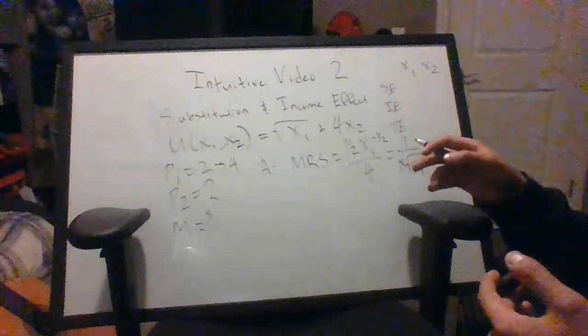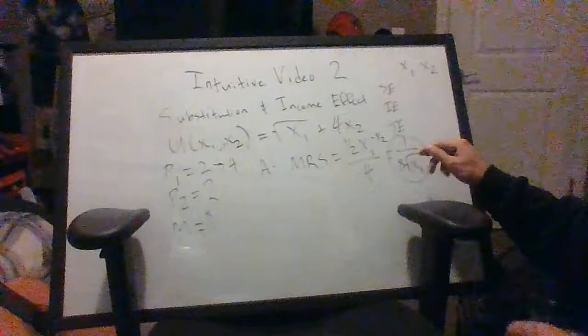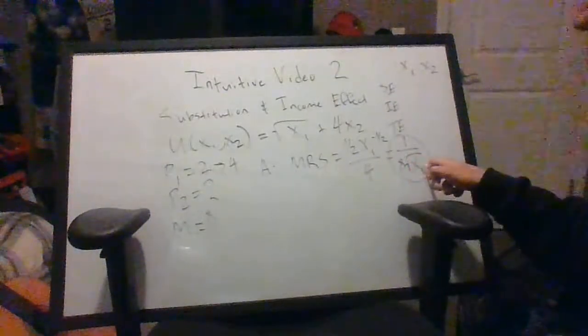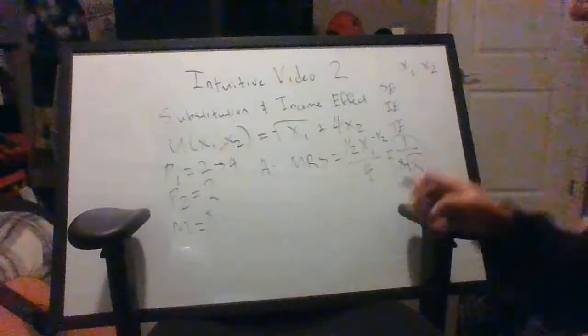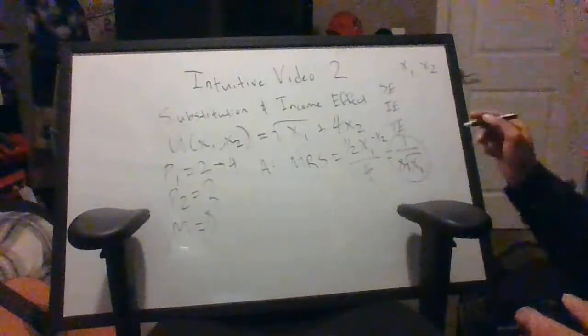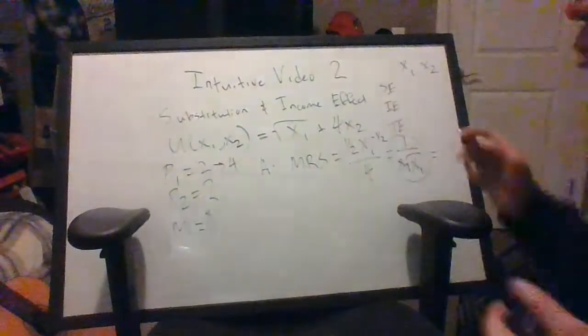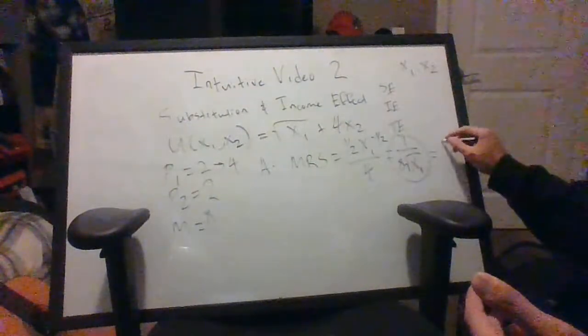And we also know that because we have DMRS, as x1 increases, my MRS is going to decrease. That's going to allow me to set this equal to our price ratio, which, if you remember, was originally 2 over 2, or we can just write it as 1.